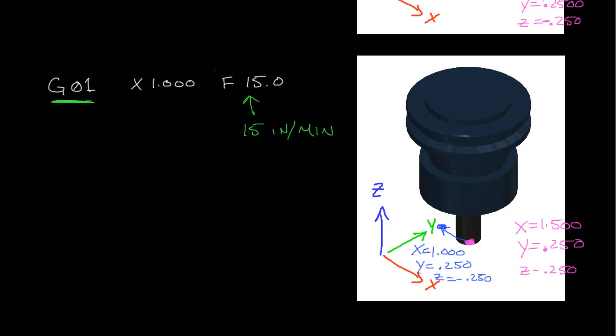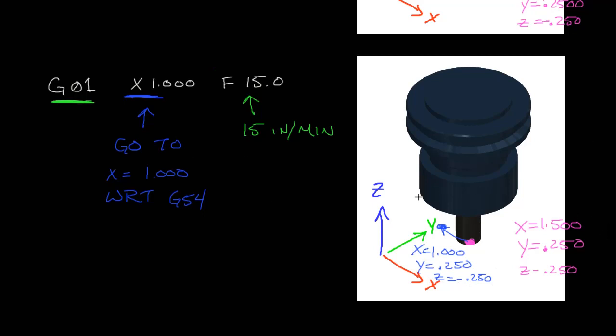So we've really only told it to change in the X position, to go to X equals 1.00 with respect to G54. And we didn't tell it to go to any Y position, so it just stays at Y equals 0.250, and the Z stays at negative 0.250.